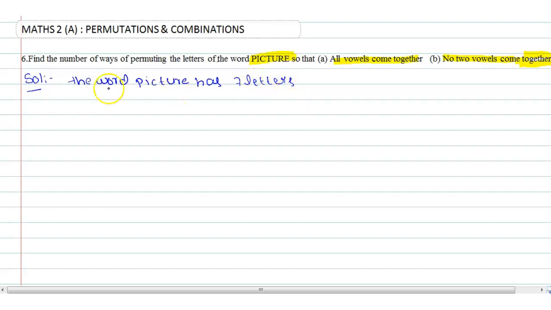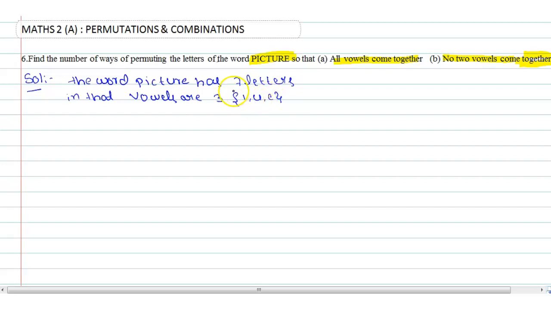In that, how many vowels are there? I, U, E. Vowels are 3.